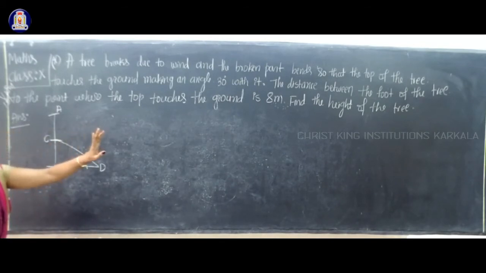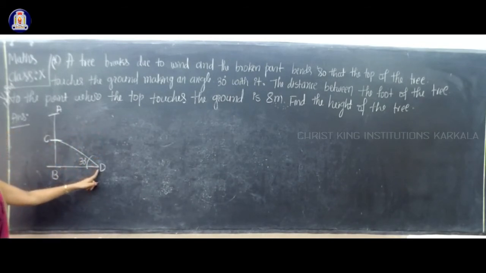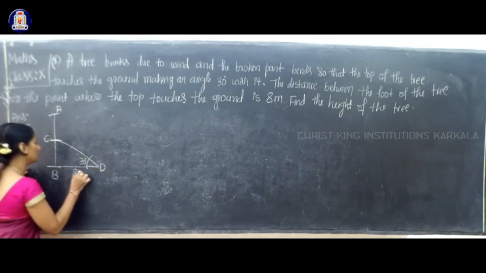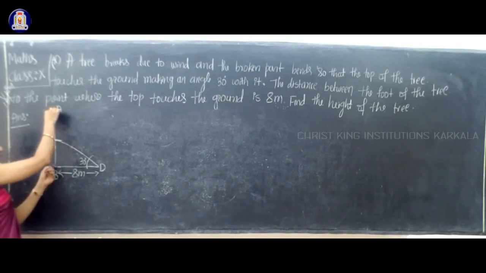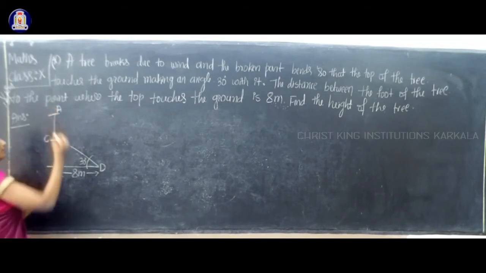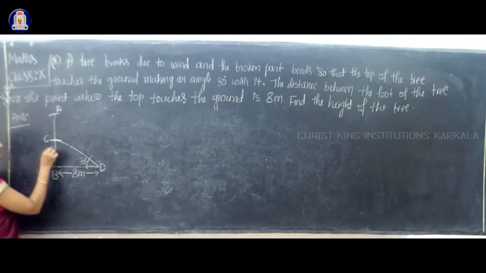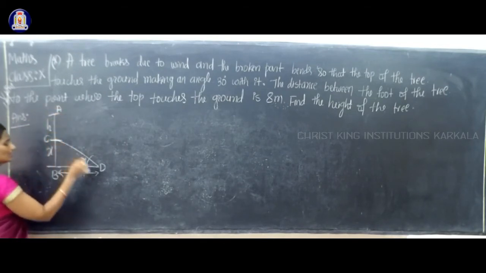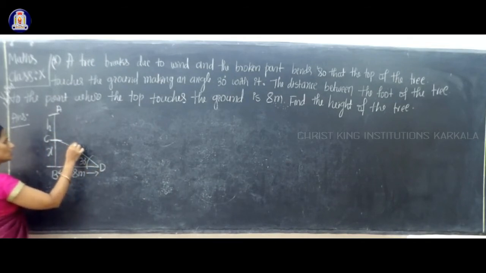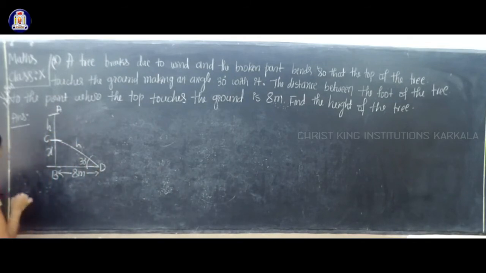Next, the distance between the foot of the tree and the top of the tree which touches the ground is 8 meter. So finding the height of the tree means you have to find AB. So I take BC is X, AC is H. Because AC is H, CD is also H. Right? So now I will write from the figure.